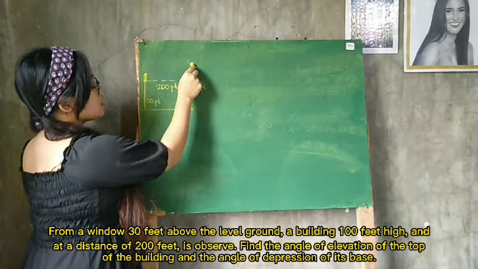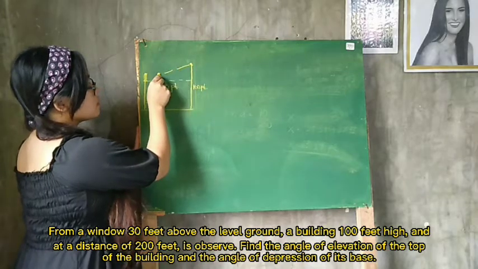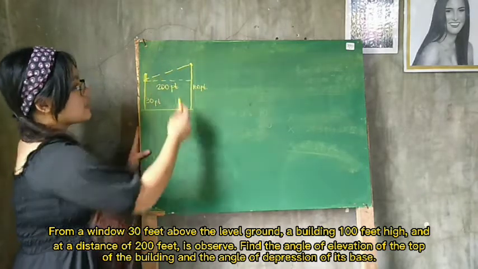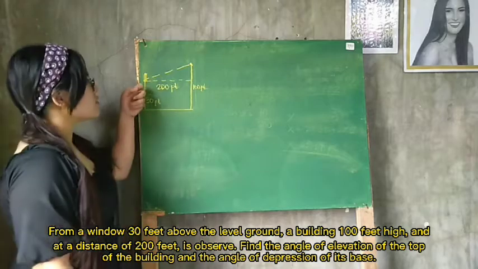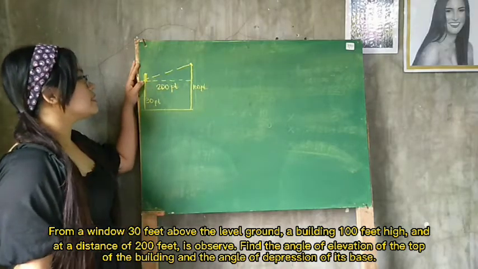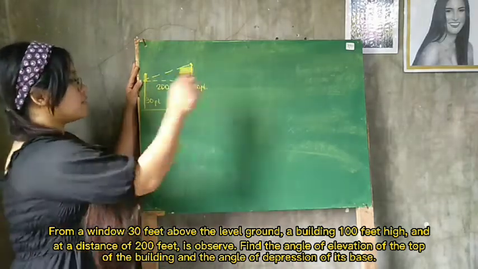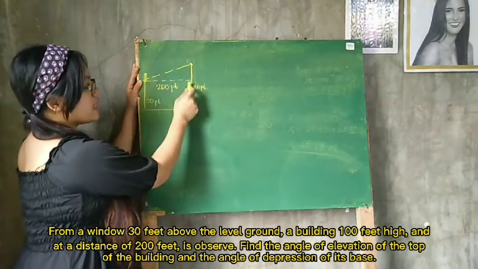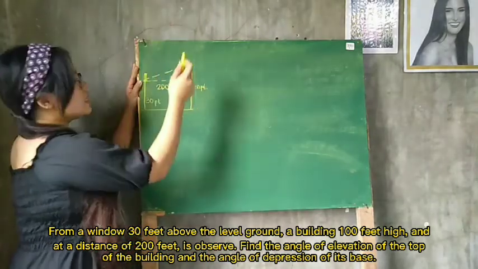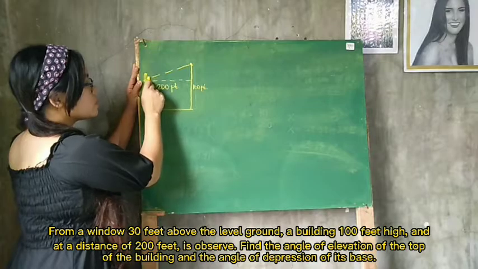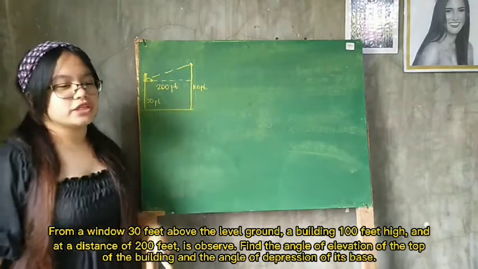So this is the top of the building. This line is the angle of elevation. If this is the object and the line of sight is this horizontal line, and if you look up, the angle here is what you call the angle of elevation.